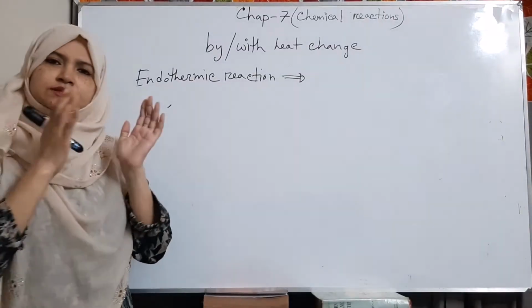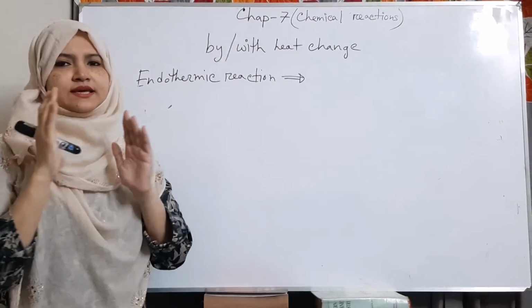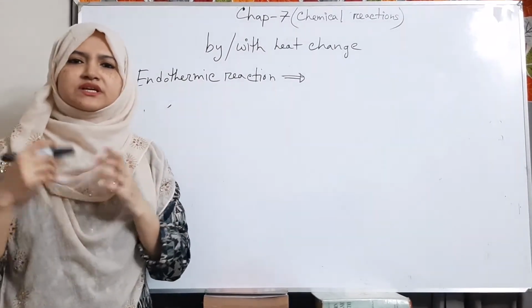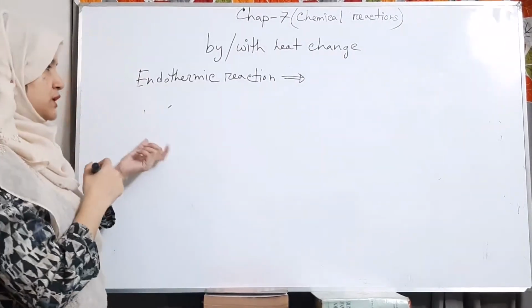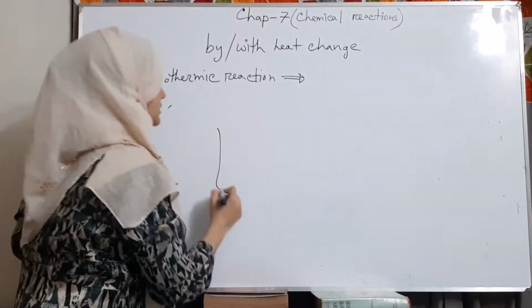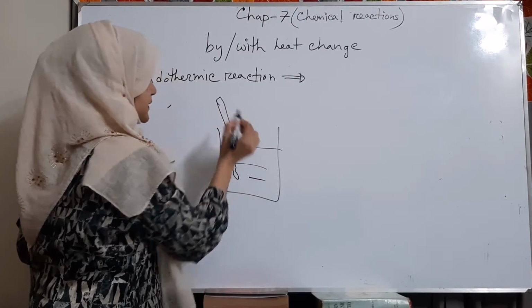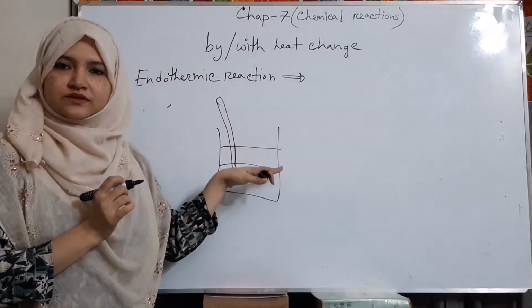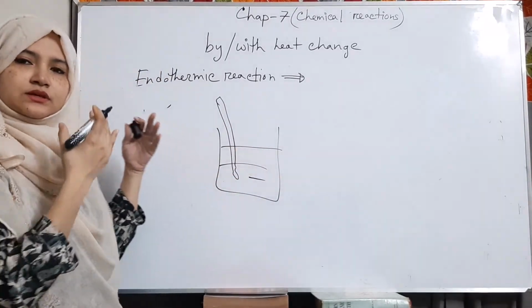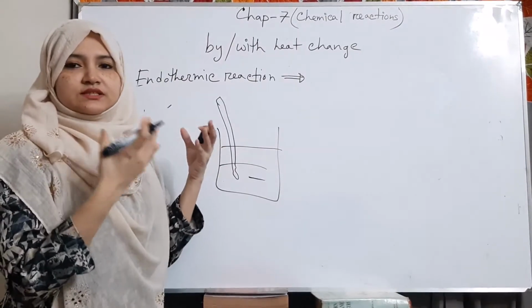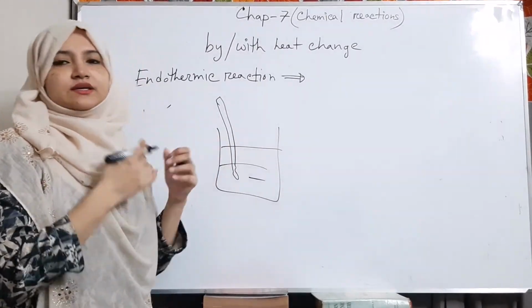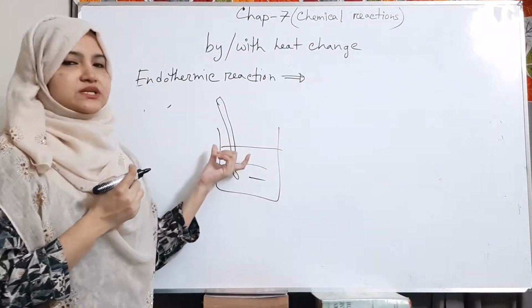To detect whether a reaction is exothermic or endothermic is very easy. If we put a thermometer into our reaction vessel and see the temperature increase, then we can say this reaction is exothermic.